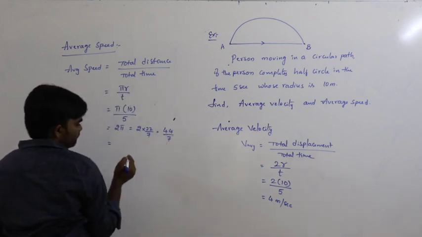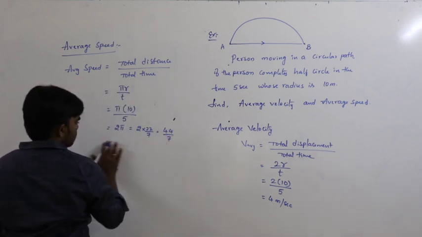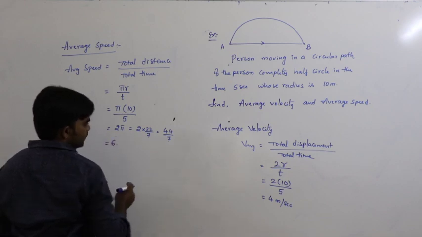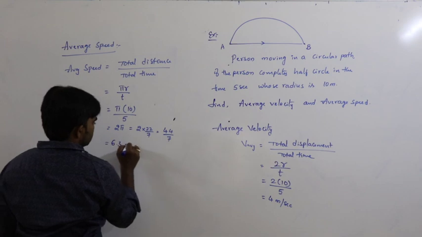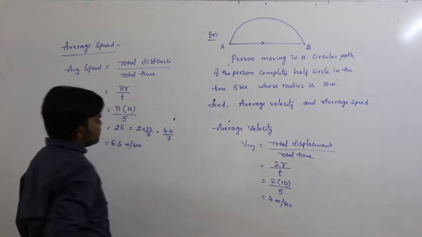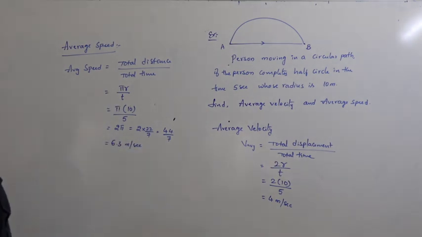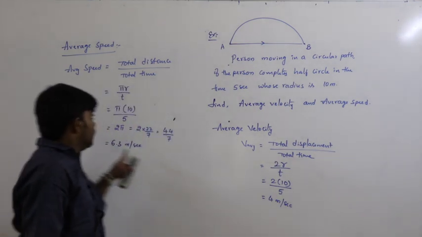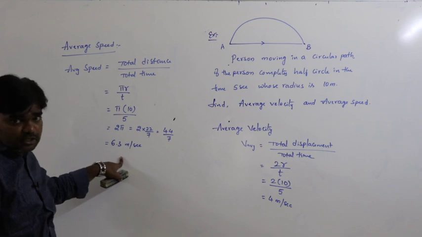So approximately, 7 sixes are 42, 6.3 meters per second. This is the average speed, but the average velocity is 4 meters per second and the average speed is 6.3 meters per second.